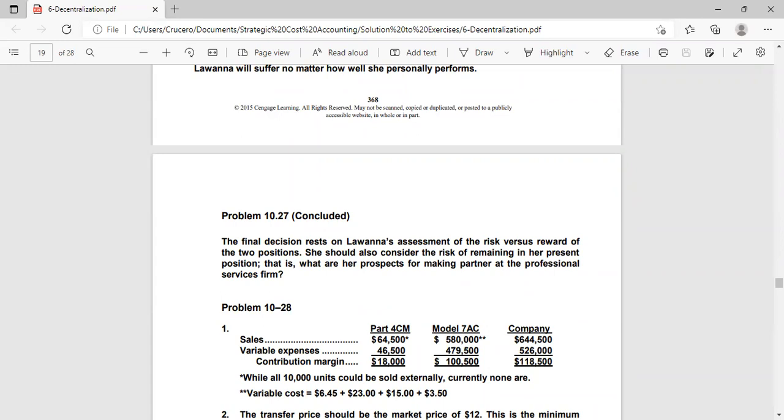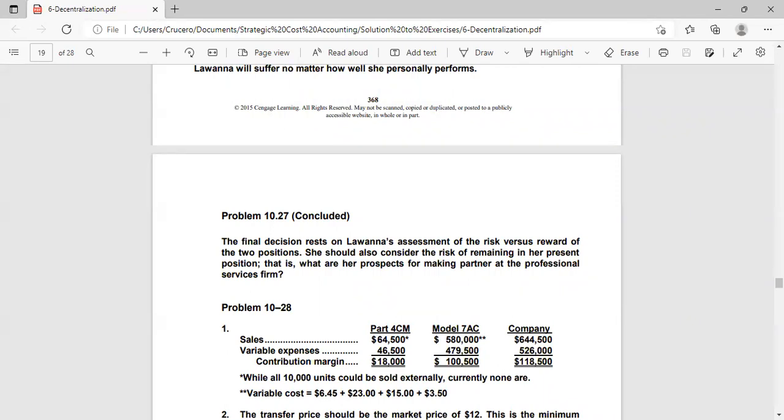She should also consider the risk of remaining in her present position. What are her prospects for making partner at the professional services firm? So in other words, the decision will depend upon Lawana.